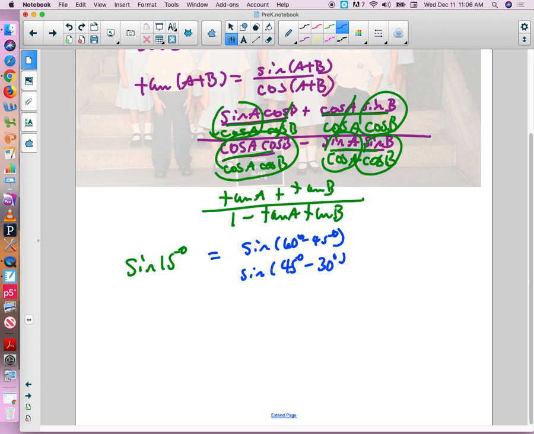Did you have sine of 15 on your sheet? Wasn't that one square root of 6 minus square root of 2 all over 4? Whichever way you did it, if you felt like a lot of your answers had square root of 6 minus square root of 2 or square root of 6 plus square root of 2 over 4, you were doing it right.